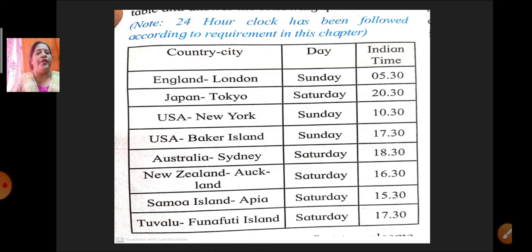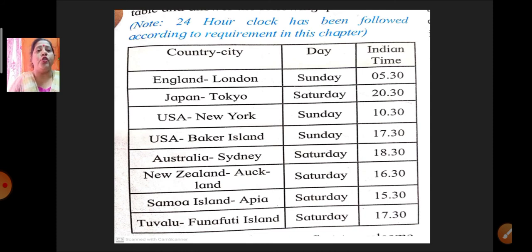Now you can see over here this table: country, city, day and Indian time. When England, that is London, was celebrating their new year, in India it was already Sunday 5:30. England was celebrating their new year.